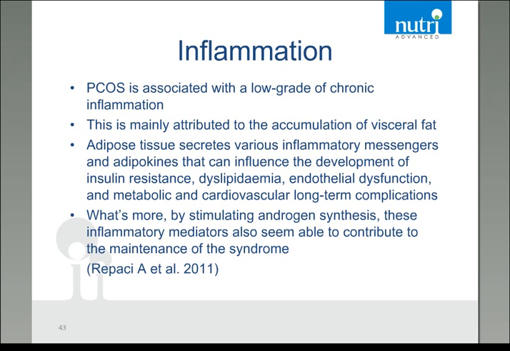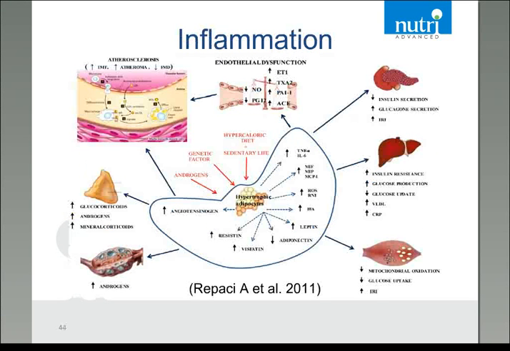Adipose tissue secretes various inflammatory messages and adipokines that can influence the development of insulin resistance, dyslipidemia, and endothelial dysfunction and metabolic and cardiovascular long-term complications. What's more, by stimulating androgen synthesis, these inflammatory mediators also seem able to contribute to the maintenance of the syndrome.